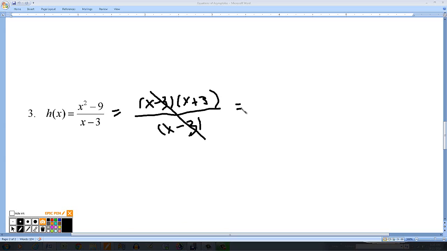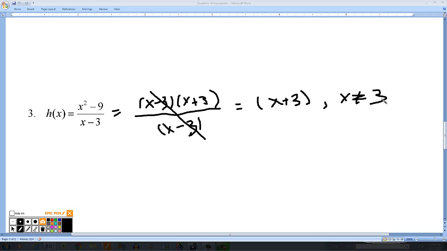So this then actually reduces simply to x plus 3. And I don't need it in parentheses, but I'll leave it like that. But remember here, since I divided out the x minus 3, I can only do that assuming that x does not equal 3. Okay. A rational function is defined for numbers that do not make the denominator 0. So x not equal to 3 is not in the domain. So basically this is just a line.